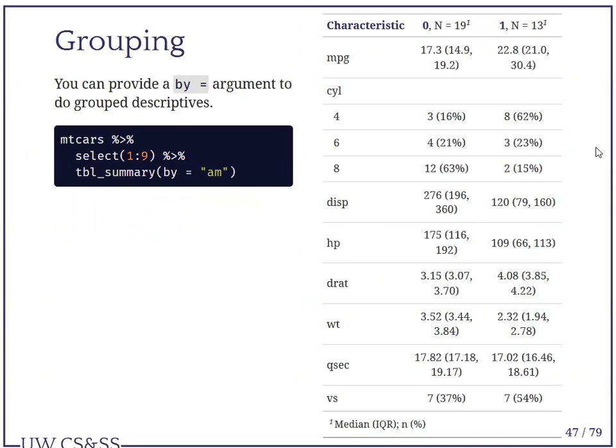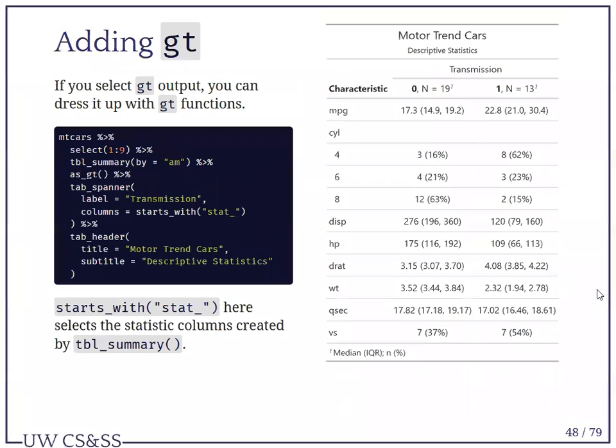You can provide a by equals argument to do group descriptives. So by factor variable, for instance, and it will quickly just decide to make 2 columns, but produce all of the same statistics. If you select gt as the output, you can dress it up with gt functions.